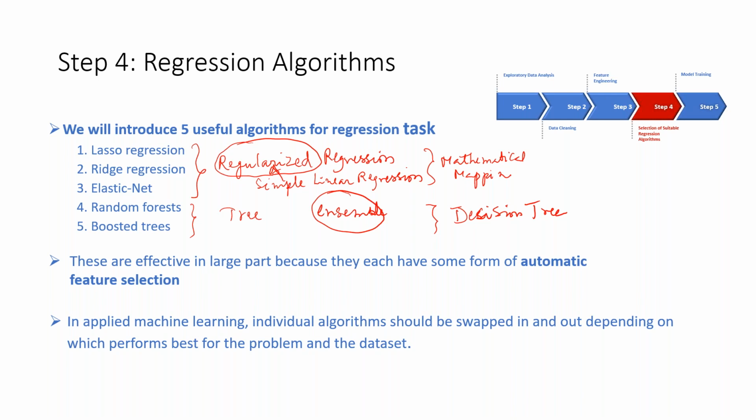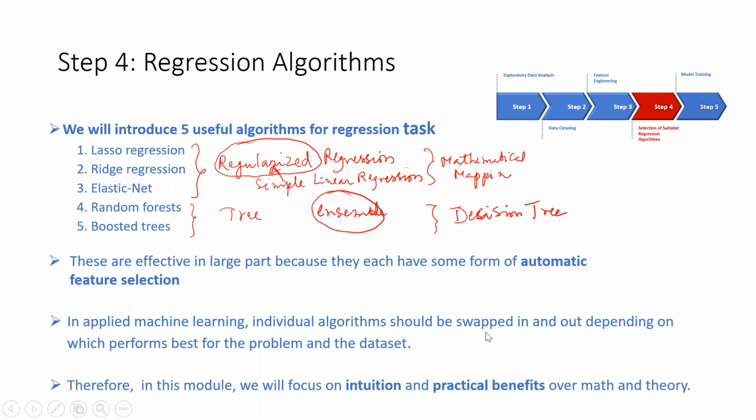We will focus deliberately on how to use them and build practically working models. Therefore in this module, whatever algorithm review we are doing, we will focus on intuition and practical benefits over math and theory. So we will not go into a lot of maths. A little bit of maths has to be told, that only I will tell.